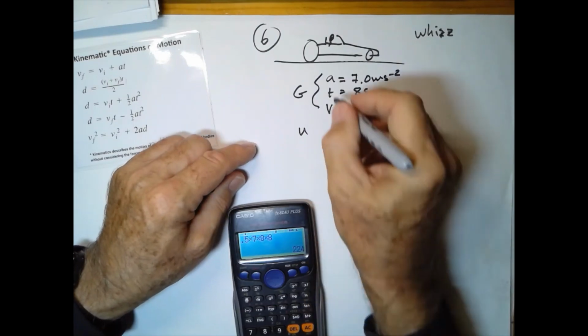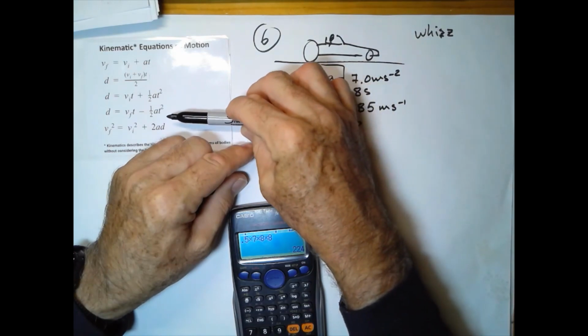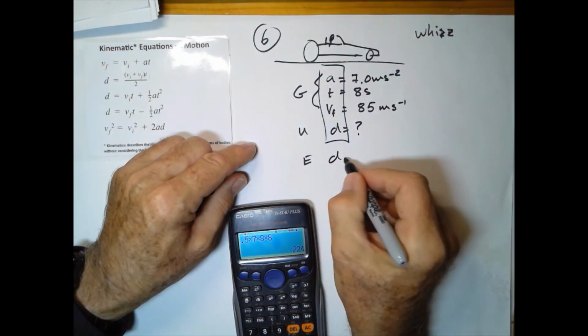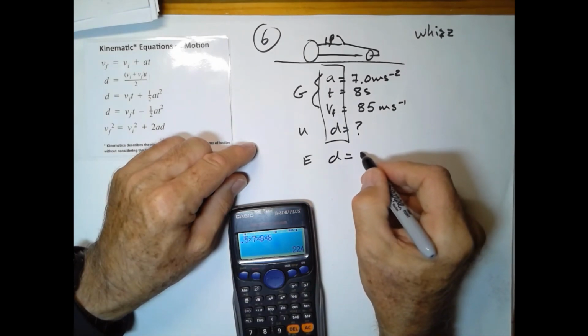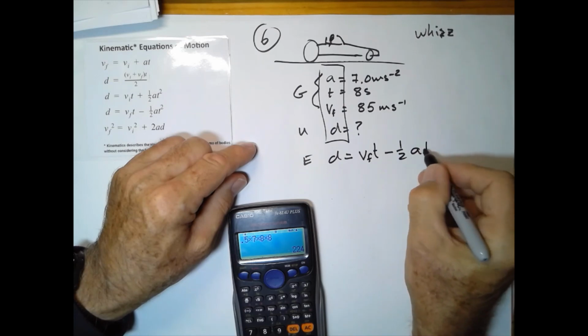Again, what's an equation which ties these together? It's this one here. Displacement is equal to v final t minus a half at squared.